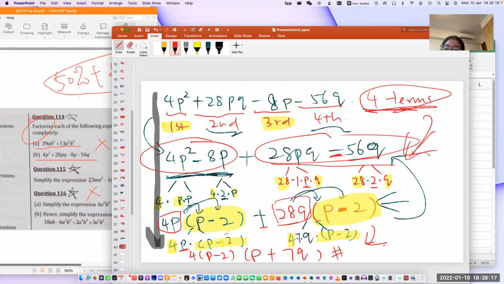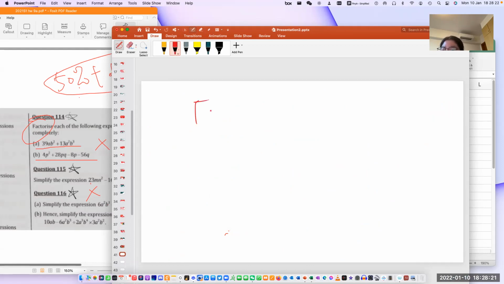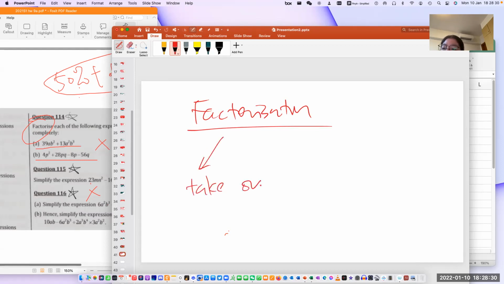So we have talked about factorization. If I need to give you a summary about factorization, it is take out, or you can use the word factorize. Factorization is a noun. So factorize out common factor.